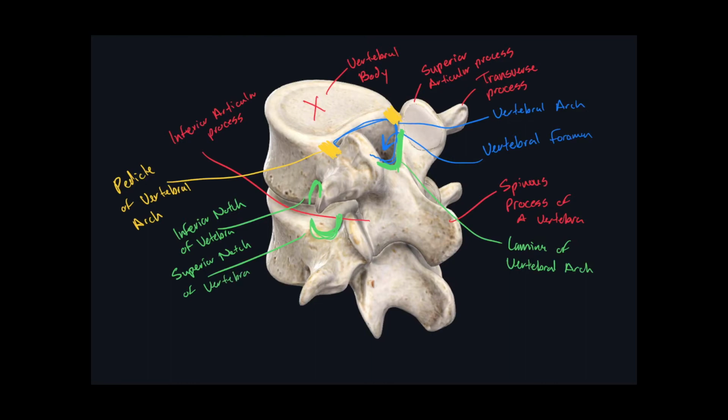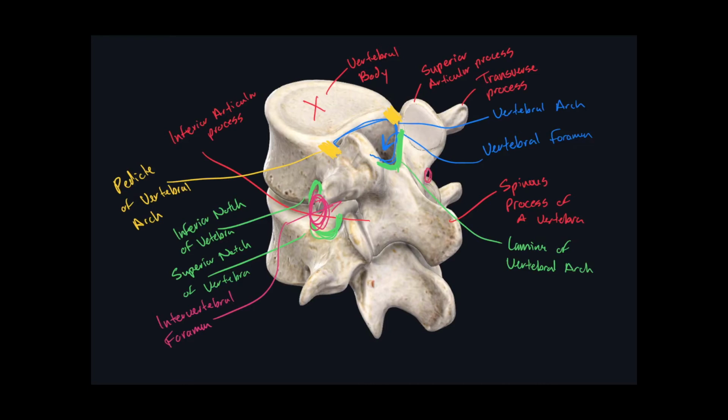Together, both the inferior notch of one vertebra and the superior notch of another vertebra make up a space that goes through called the intervertebral foramen. Or foramina if we're talking about the spaces on both sides.